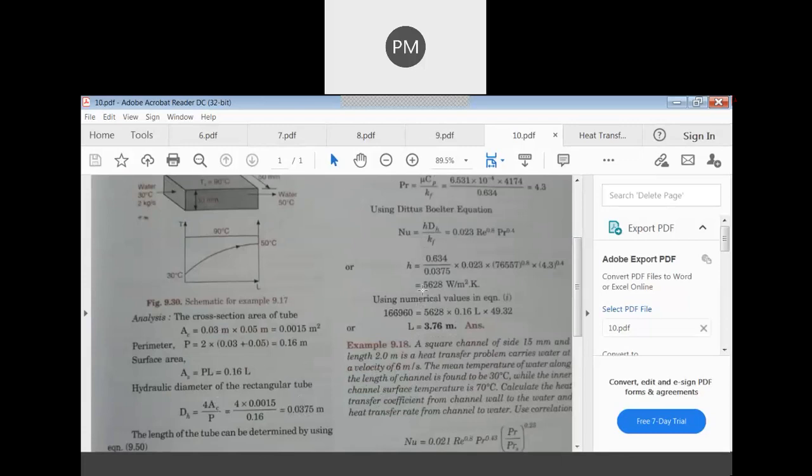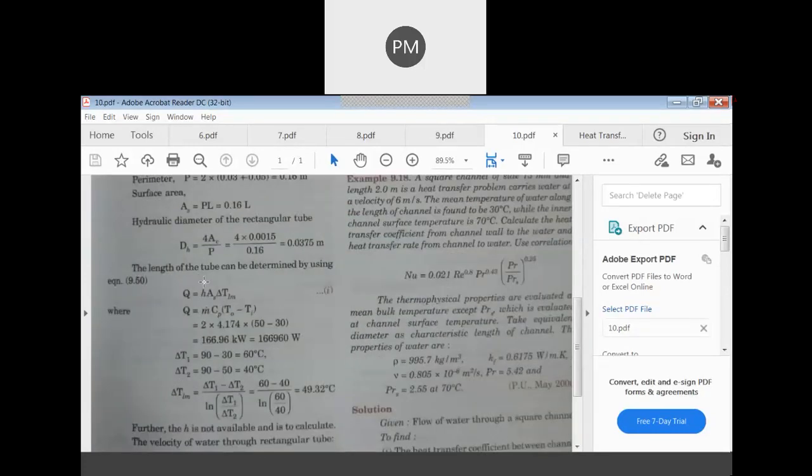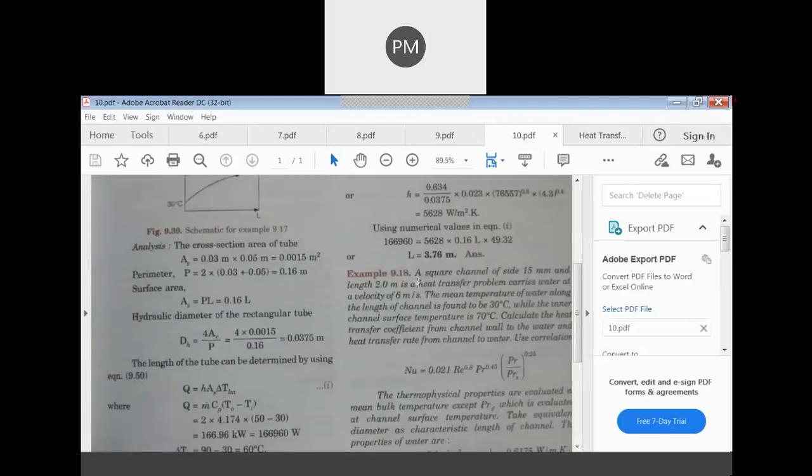That has been substituted here, into 0.023. Reynolds number you have calculated, Prandtl number also has been calculated. You can obtain the value of h as 5628. In this formula we have calculated Q, and h has been calculated, 5628.